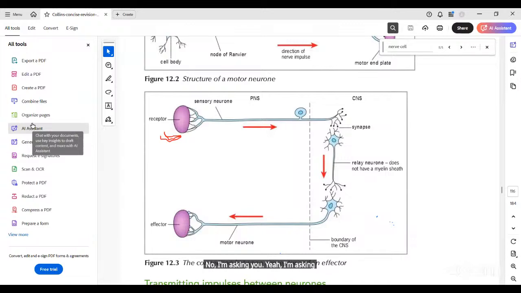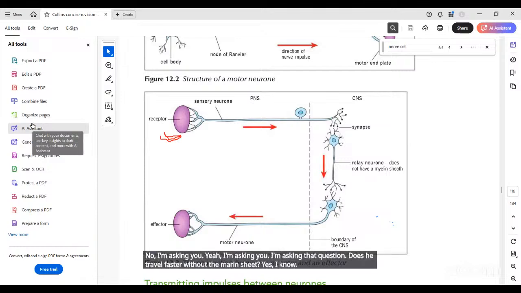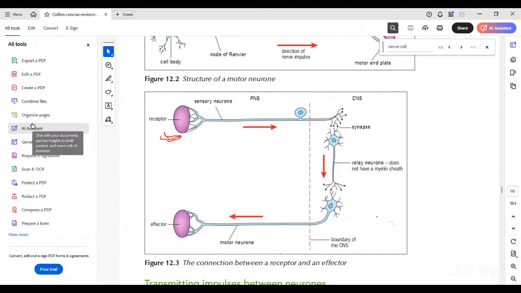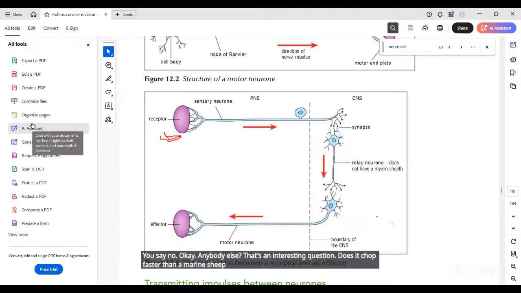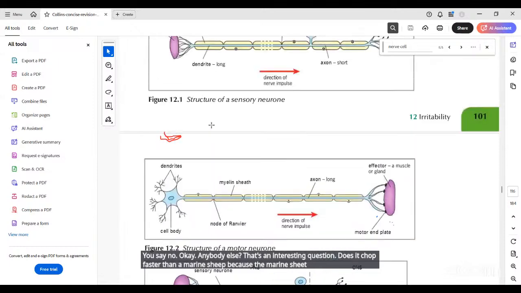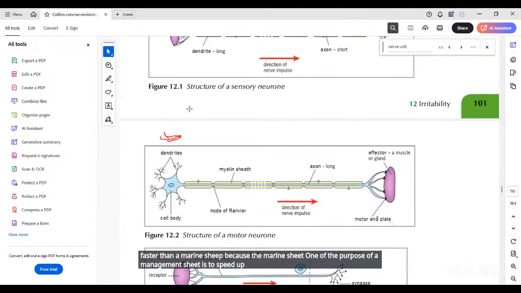I'm asking that question. Does it travel faster without the myelin sheath? Yes or no? I would say no. You say no. Okay. Anybody else? That's an interesting question. Does it travel faster without the myelin sheath? Because one of the purposes of the myelin sheath is to speed up the transmission of the impulse.